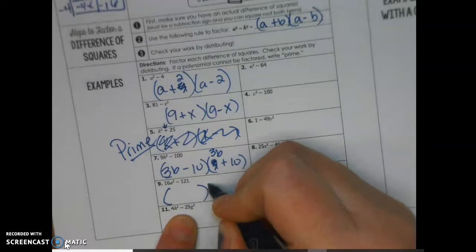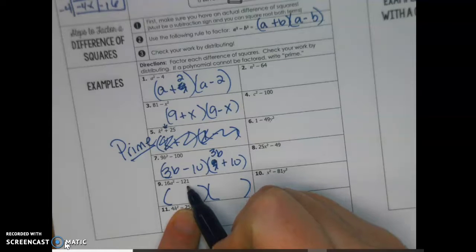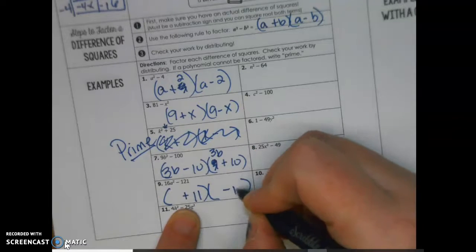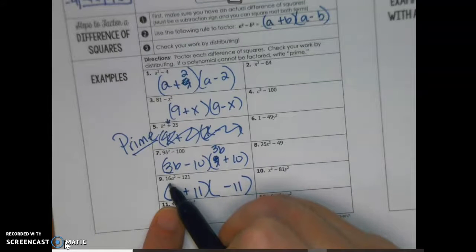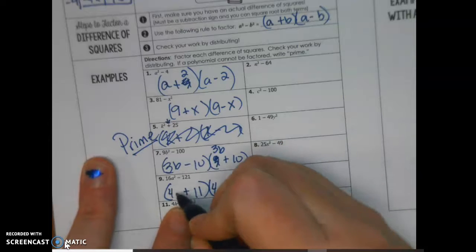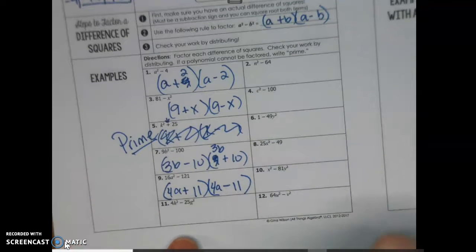So we've got the 2 parts. Okay, 121 is 11 squared, so we can go ahead and do our plus and minus, write our 11s. 16 is a square. It's got 4 and 4. And then a squared is obviously a square because it's a times a.